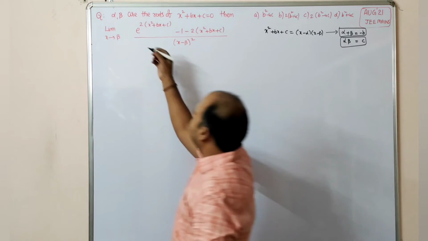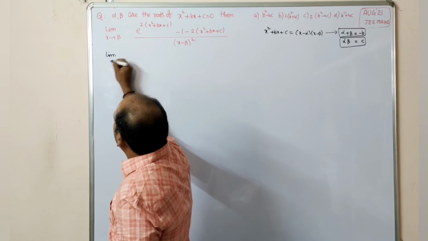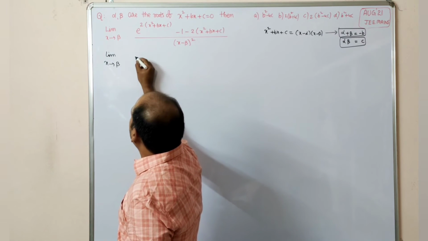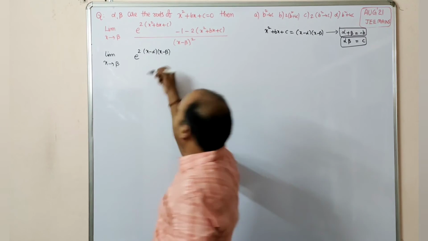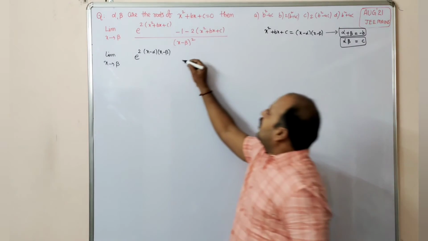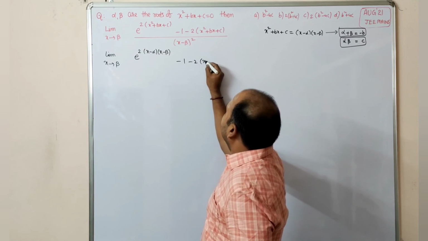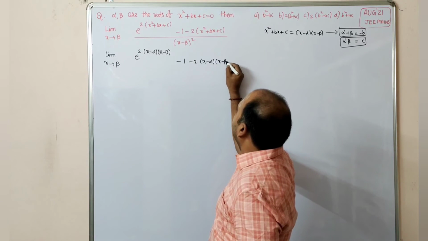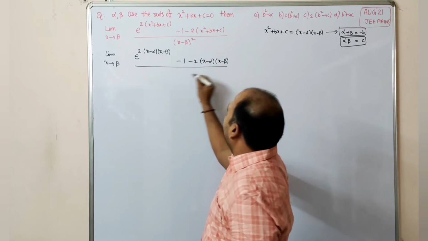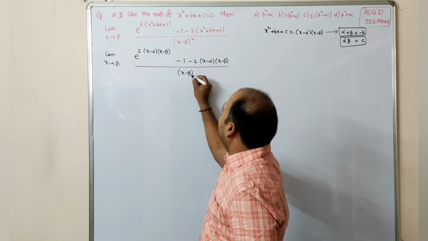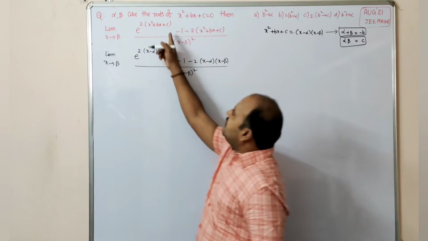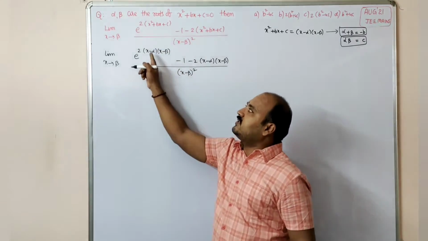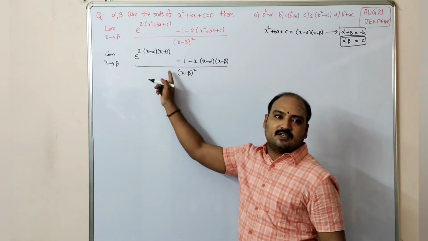Now the given limit becomes: limit x tends to beta of (e power 2(x minus alpha)(x minus beta) minus 1 minus 2(x minus alpha)(x minus beta)) divided by (x minus beta) whole square. Now what I am doing is, we wrote this quadratic expression in terms of x minus alpha and x minus beta. So here also I want the x minus alpha term.